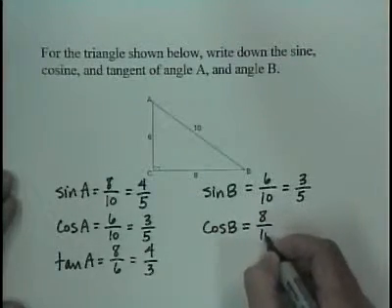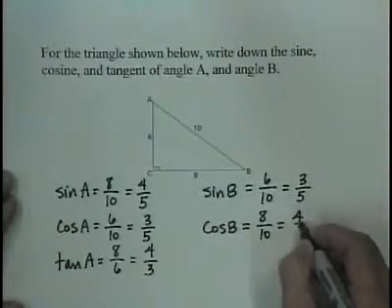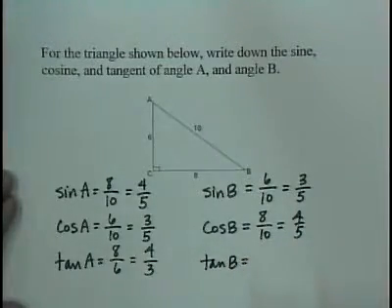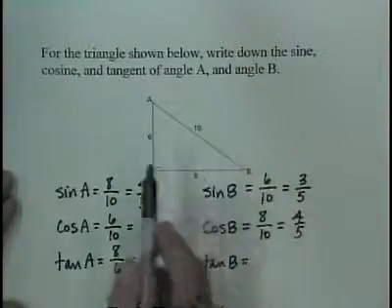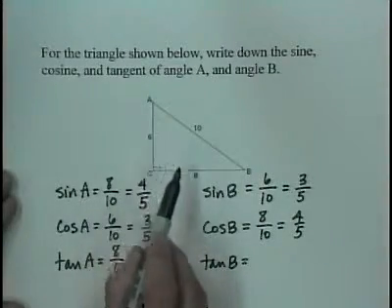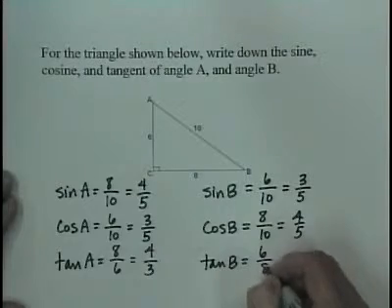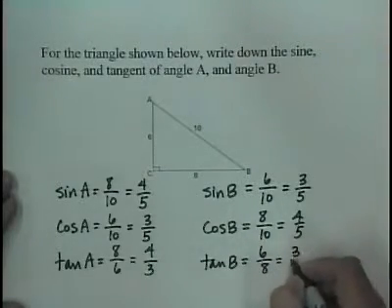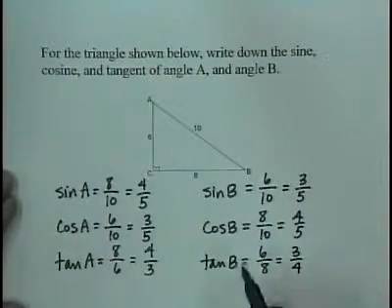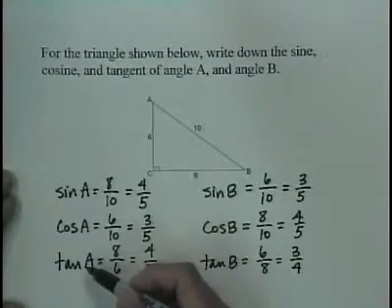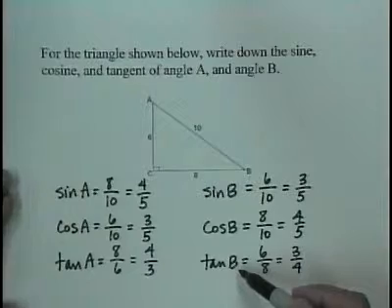In this case, 8/10, which reduces to 4/5. The tangent of angle B is the ratio of the length of the side opposite the angle over the length of the side adjacent, or 6/8. That reduces to 3/4. So these ratios are the sine, cosine, and tangent of angle A, and sine, cosine, and tangent of angle B.